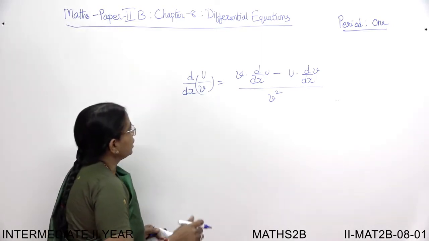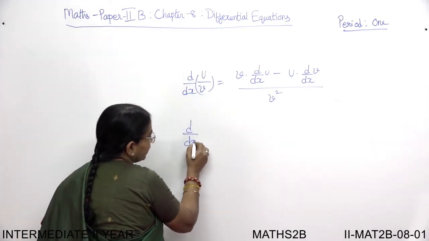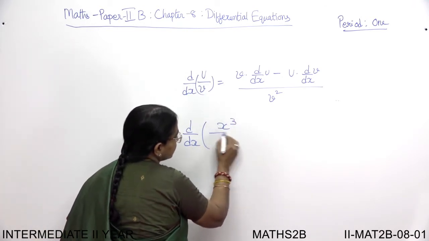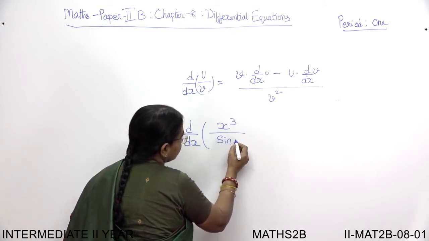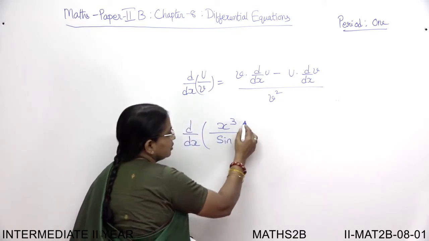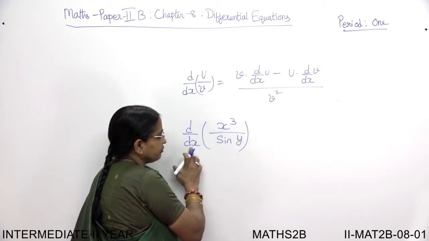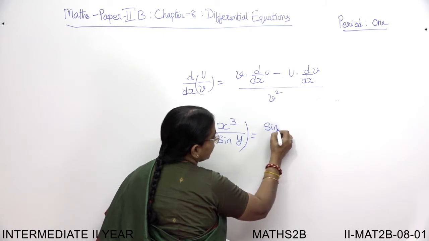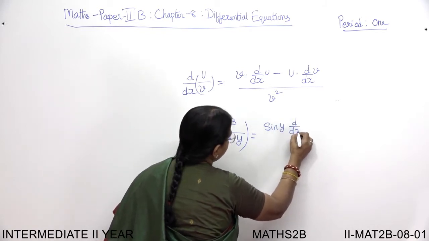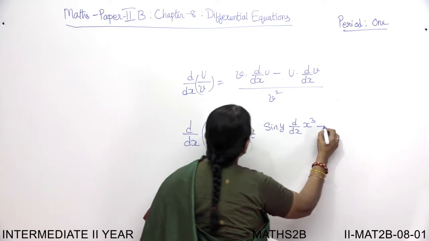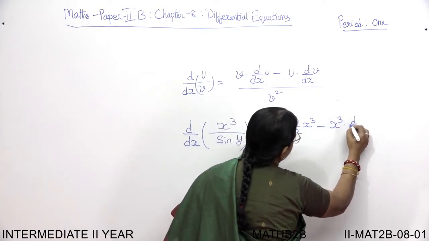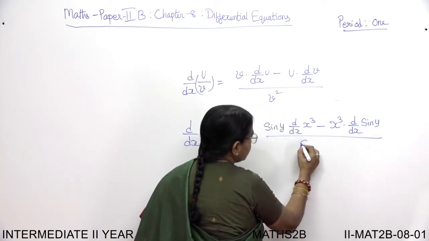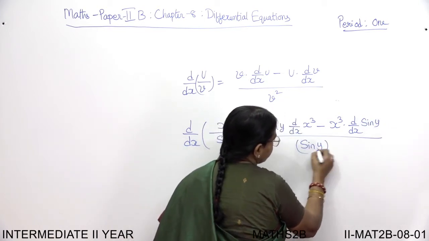Now suppose you need d by dx of x cube by sine y. How will you do? Here the variables are different. So denominator into the derivative of numerator minus numerator into the derivative of denominator, by denominator square, that is sine y whole square.